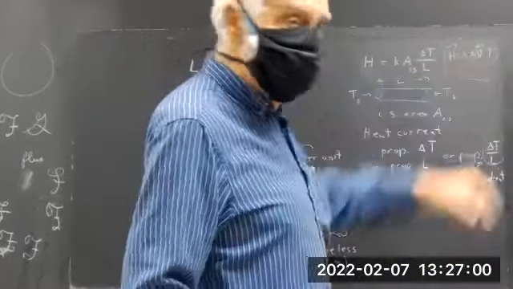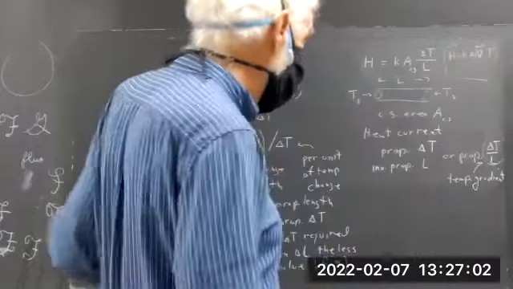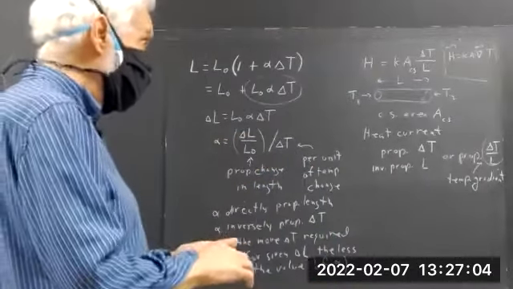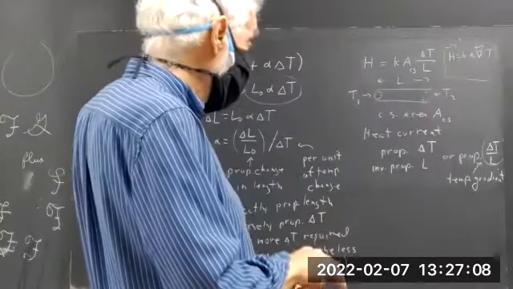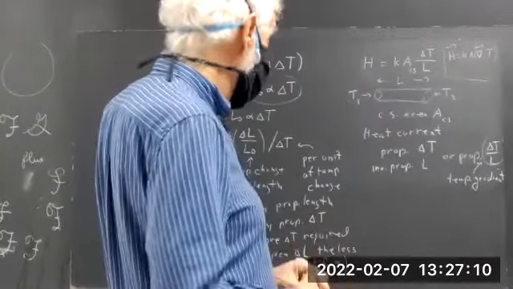Ka times the gradient of T. And I should understand multivariable calculus well enough to understand that. And yeah, not quite everybody does, but there it is. Okay.